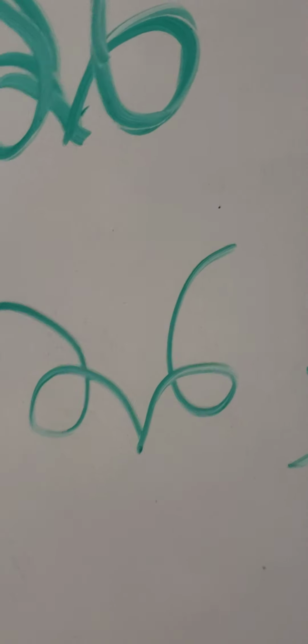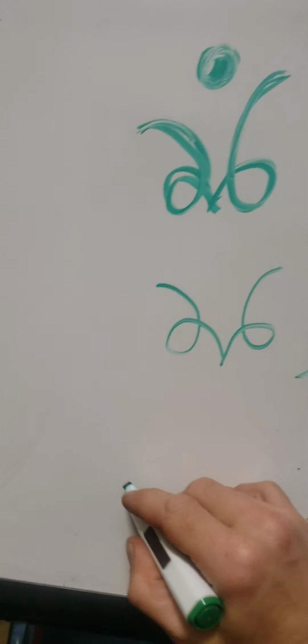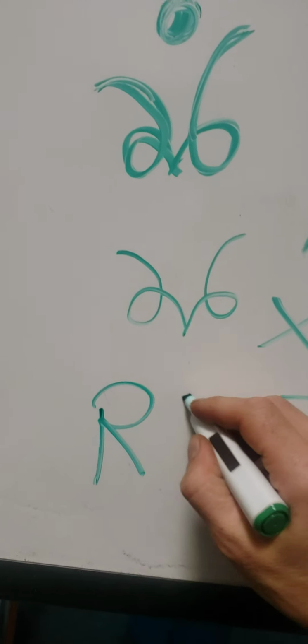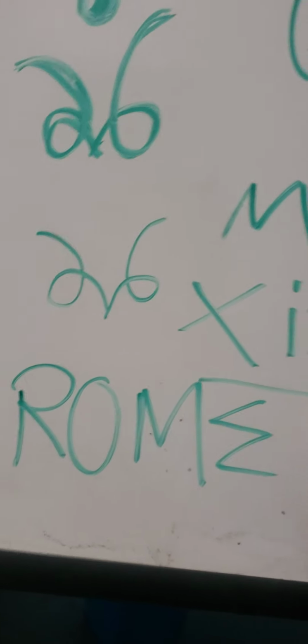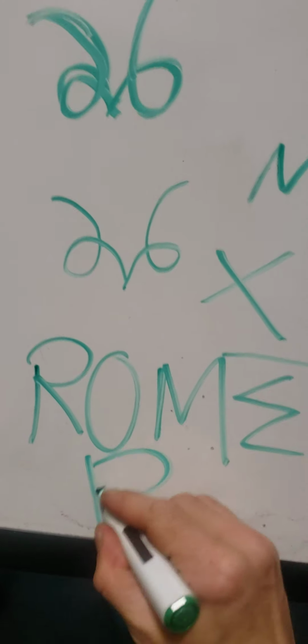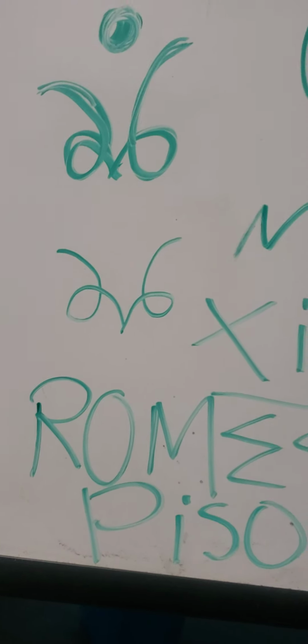All right, before I lose my train here too, also with that letter M, just like we see the caterpillar, we see metamorphosis. In metamorphosis, this is decoding Rome. This is decoding Rome's Piso, who wrote the New Testament.